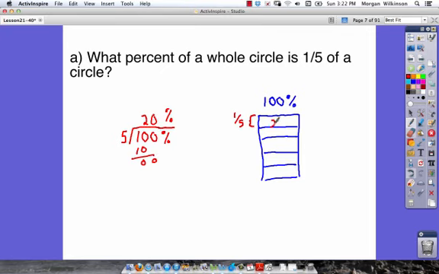So 20% will go into each one of our diagram boxes. You can see 1/5 must be 20% because we only need to count this one. So our answer, what percent of a whole circle is 1/5 of a circle? It must be 20%. And we're all done with this question.